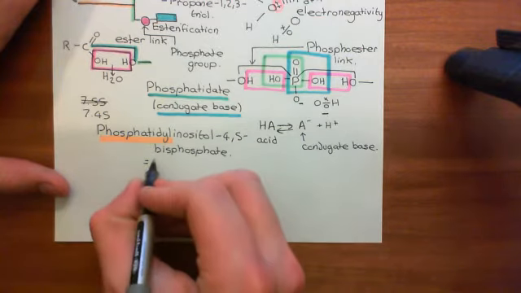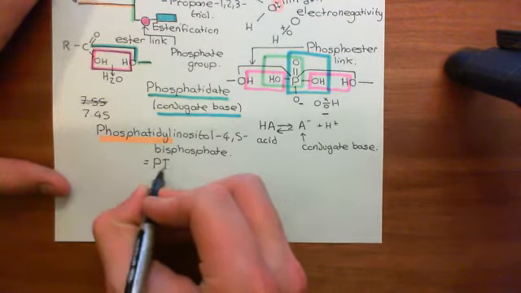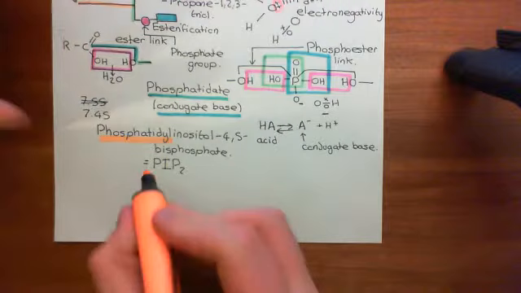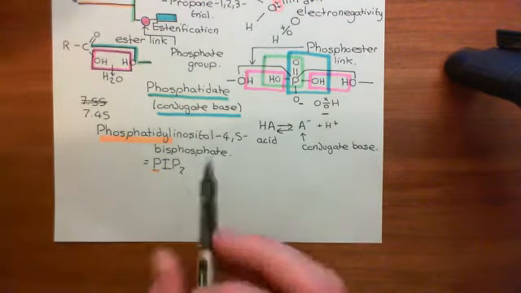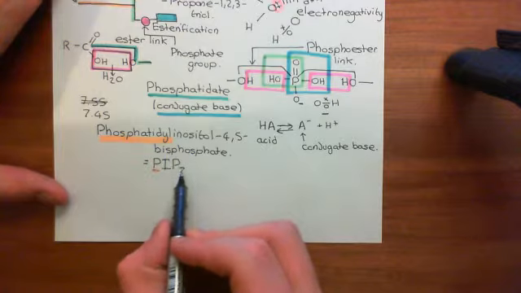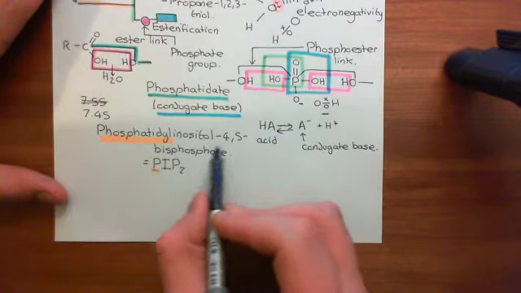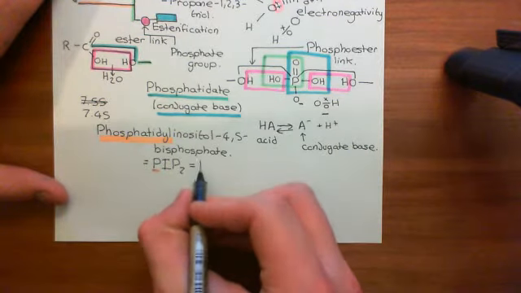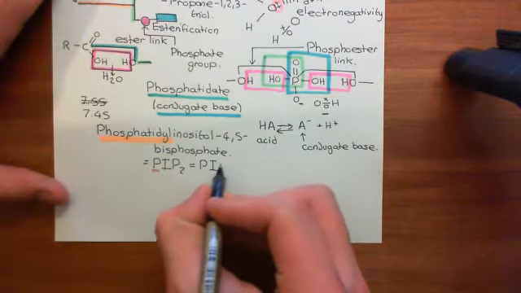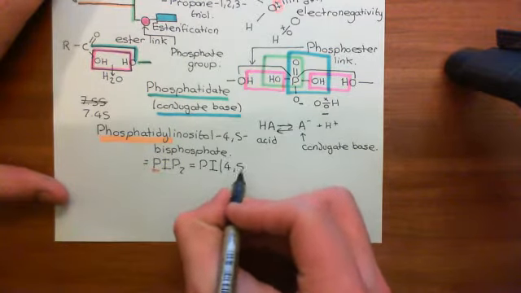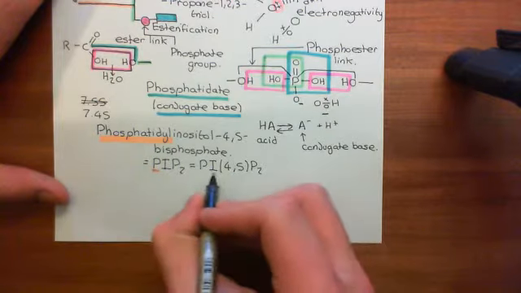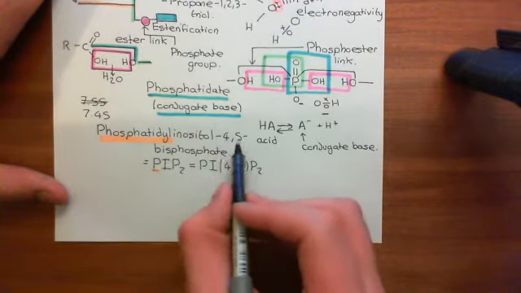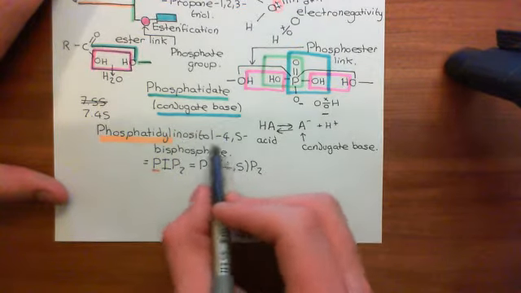Now, a few little bits of nomenclature. Phosphatidylinositol 4,5-bisphosphate is often just abbreviated to PIP2. This stands for phosphatidyl, that's the first P here, then the I is for inositol, and then the P2 stands for phosphate, and the 2 is for bisphosphate, so a phosphate group coming off the fourth and the fifth carbons. To be a little bit more specific, some people will write phosphatidylinositol and then put brackets 4,5P2, to avoid confusion, because you can have the phosphate groups coming off different carbons, and this name wouldn't tell you that specifically they're coming off the fourth and the fifth carbon of the inositol ring.